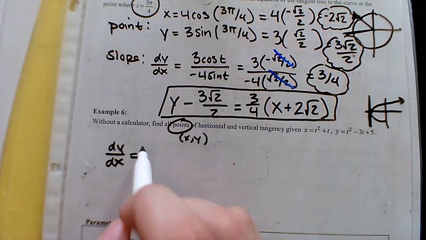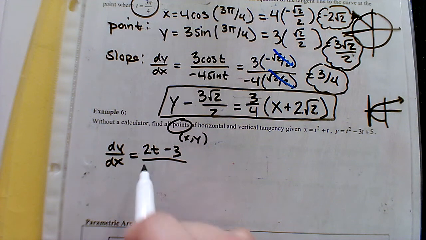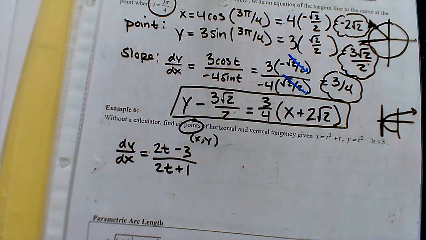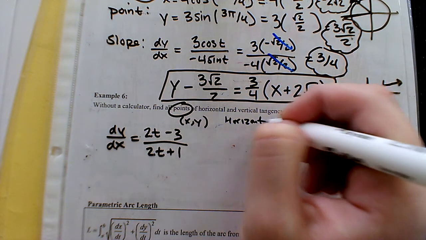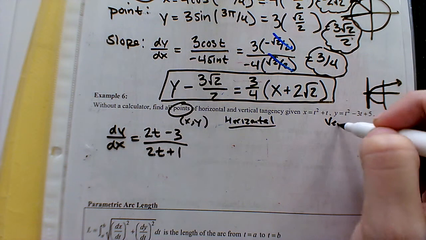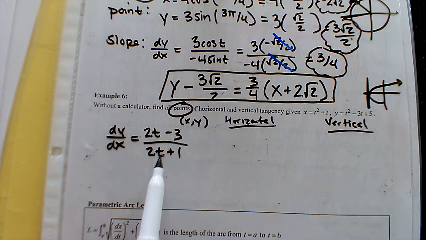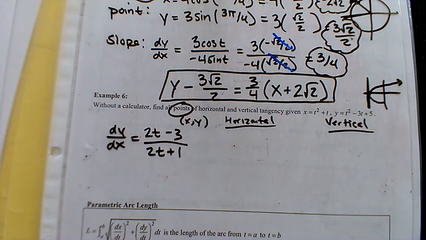So we need the y derivative over the x derivative. Remember, this derivative is representing the slope of a tangent line. What do you want the slope of the tangent line to be if you need the tangent line to be horizontal?